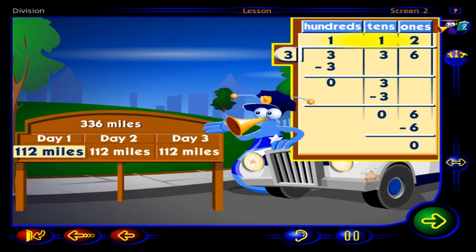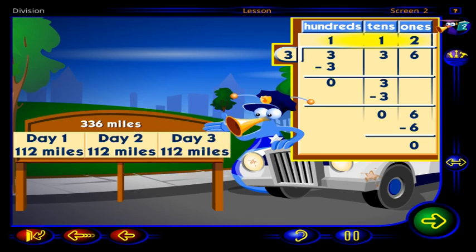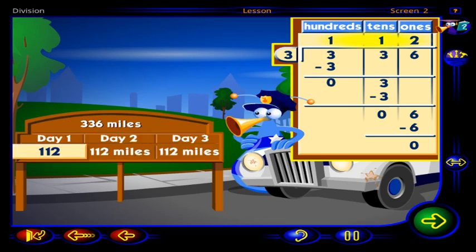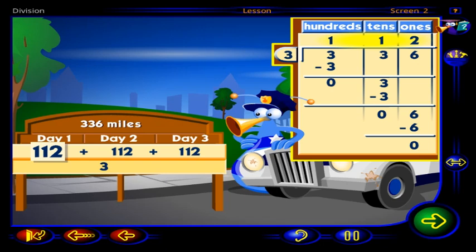You drove 112 miles on each of the 3 days. So, 112 plus 112 plus 112, or 3 times 112, should give us the total number of miles you drove, 336.